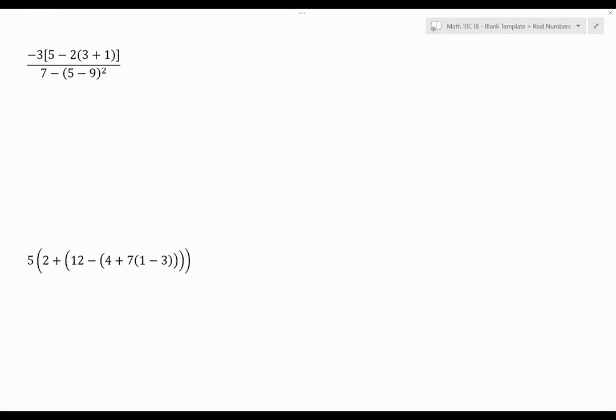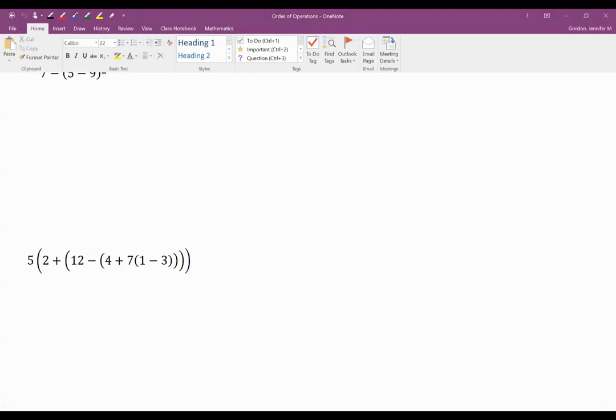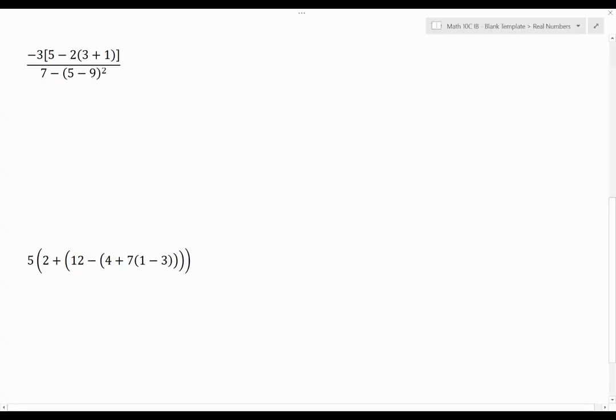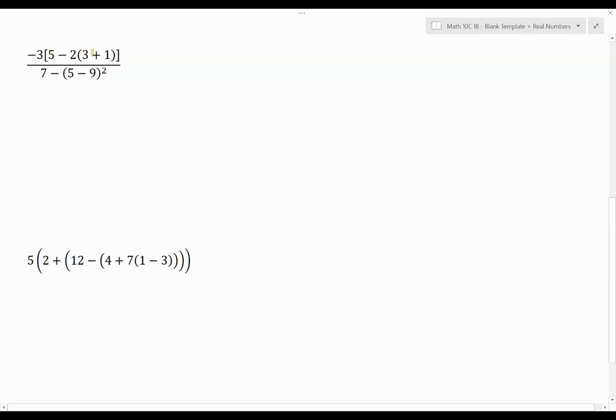So this first one, I was mentioning a fraction bar can sort of act as bracketing. We deal with the things on one side of the fraction, so in the numerator, separately from in the denominator. And within the numerator, we follow our order of operations, and within the denominator, we follow our order of operations. So starting in the numerator, I start with bracketing, and if I have multiple layers of brackets, as I do here, I start with the interior.